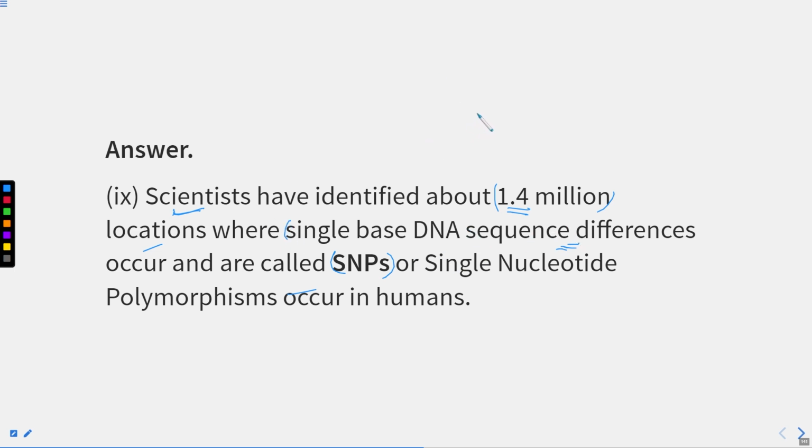Suppose, just for an example, we have GAG; instead of GAG, it is GTG. So there is a difference in only one base. This is known as single nucleotide polymorphism, or single base DNA sequence differences. So this is clear. These were the unique features of the human genome.